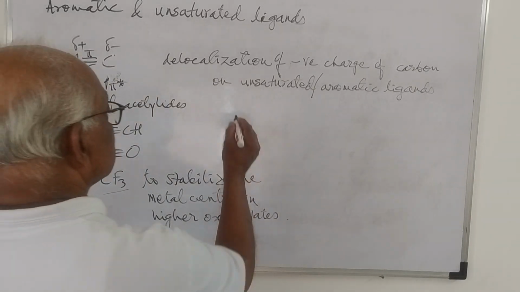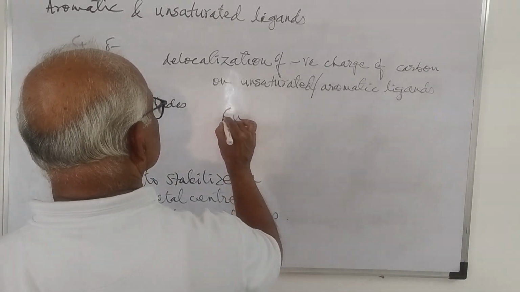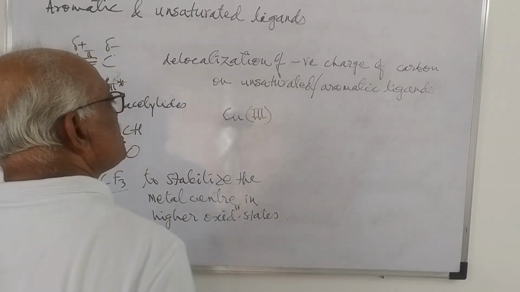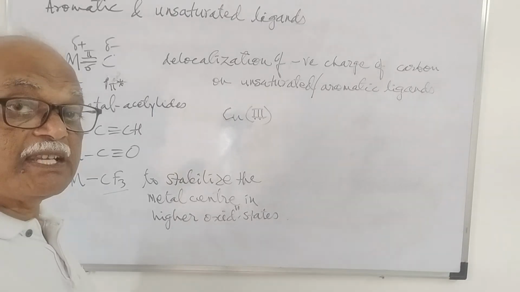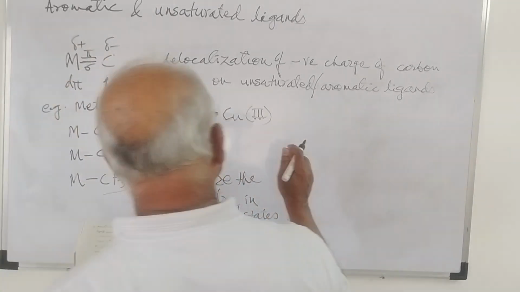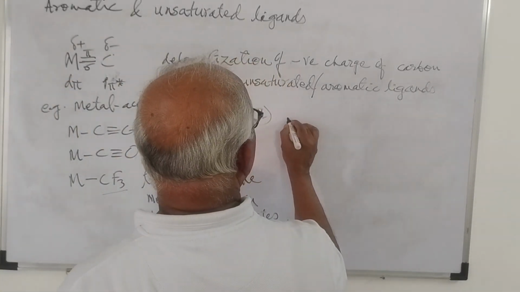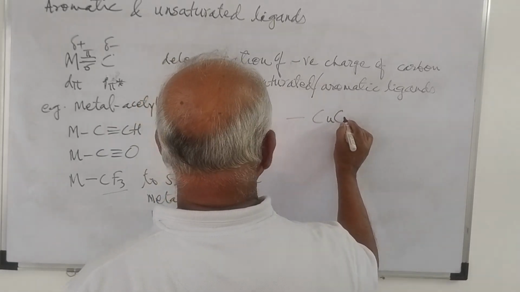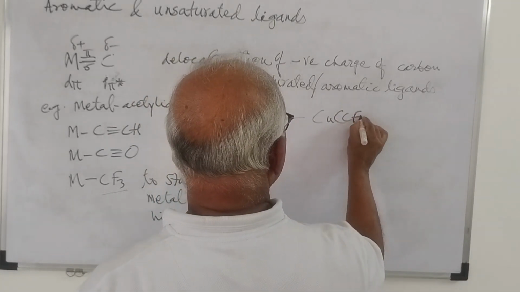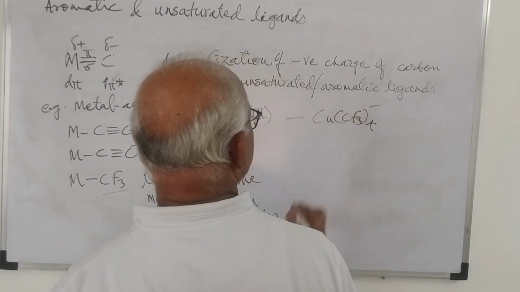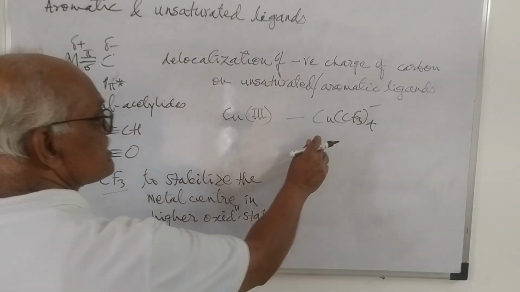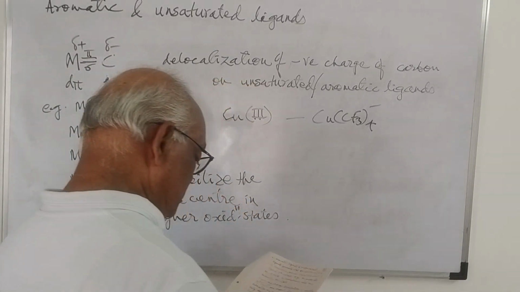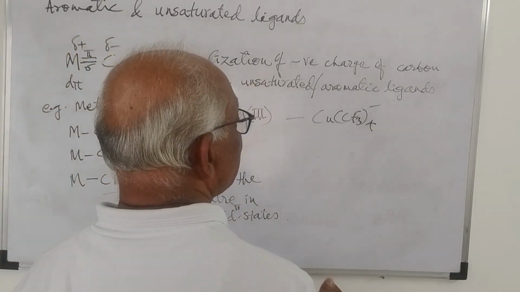Thus, if we take the example of copper 3 ion, in Cu(CF3)4 minus, this has a square planar structure.